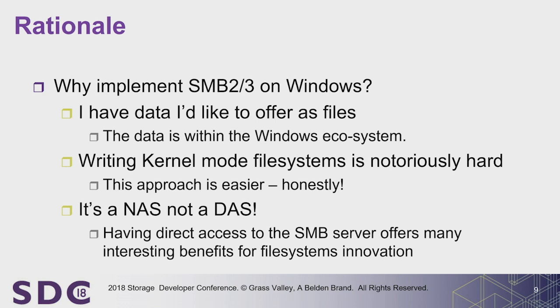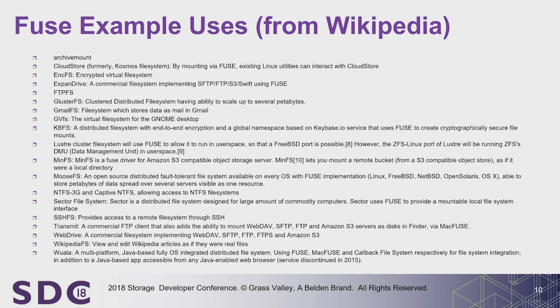But the other benefit of this, if you go and look at the Fuse model and things like that, that's offering a DAS, a direct attached storage, whereas this is a NAS protocol. So suddenly you're in this world of being able to play with your network connection and what you can do with networking. So I just literally copied off Wikipedia, just in the Fuse Wikipedia article, lots of different ideas of file systems in user mode.